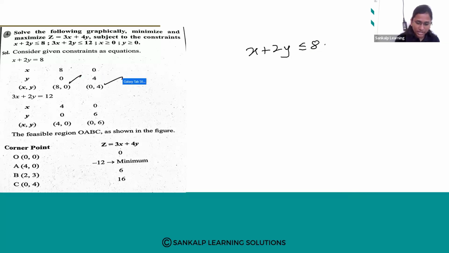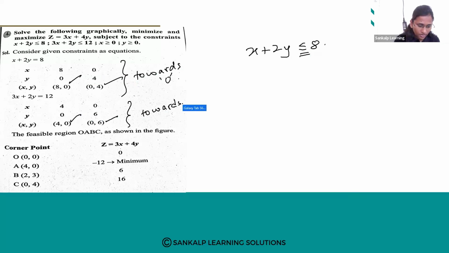Of course, since the inequality is less than or equal, when you put x and y both as 0, the solution will be towards the origin. Next, 3x plus 2y equals 12. So x will be 4,0. This is 0,6. Of course, this will also be towards the origin. And the constraints are x and y both greater than or equal to 0.